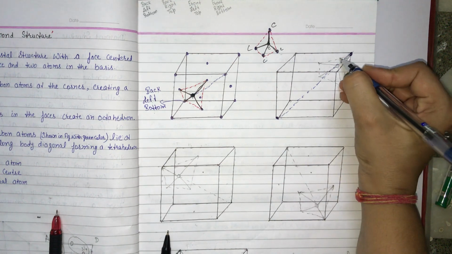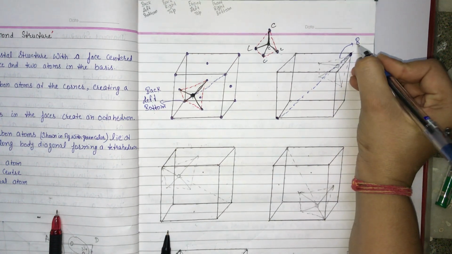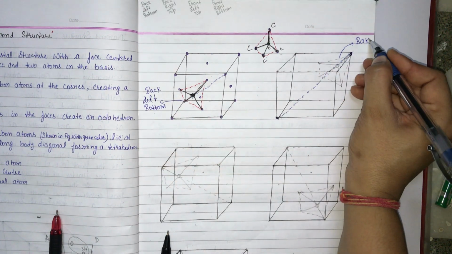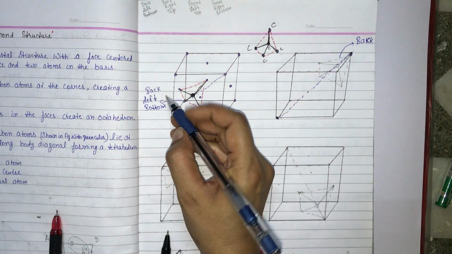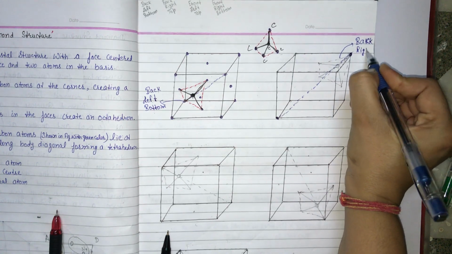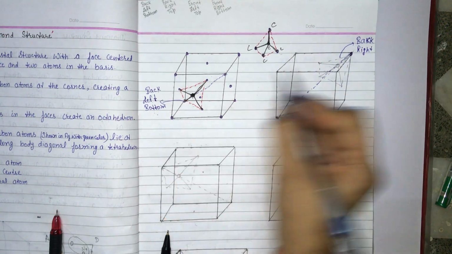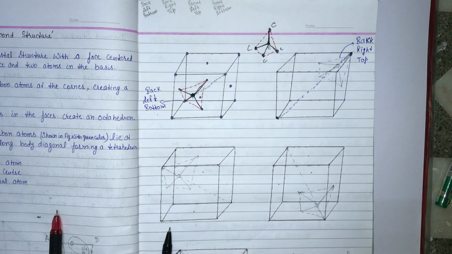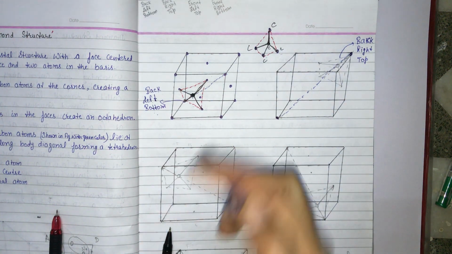You can mark as this is back. Clear? If this is back position, if this is left, then this will be right. If this is bottom, then this will become the top. Clear? I'll repeat again.